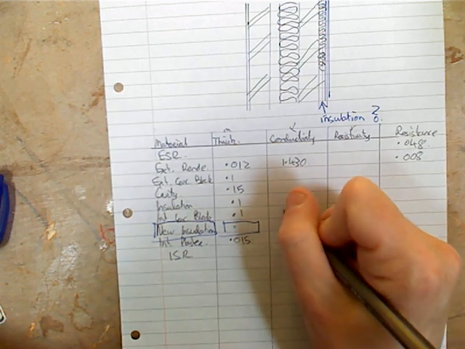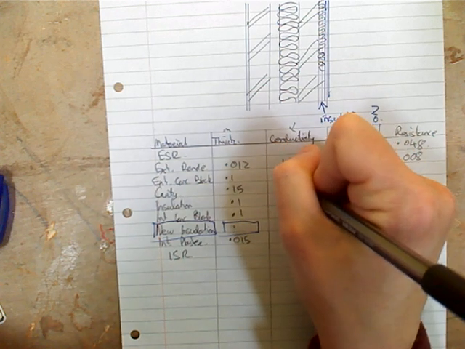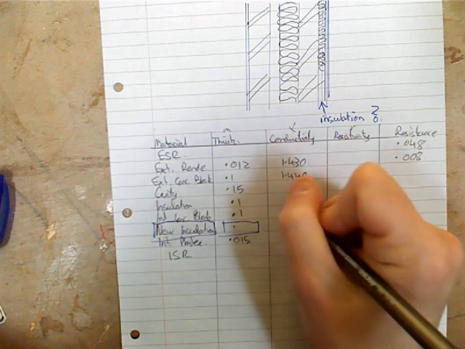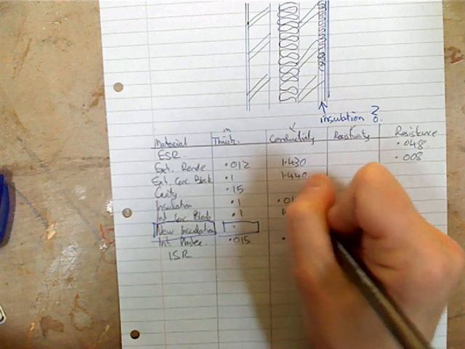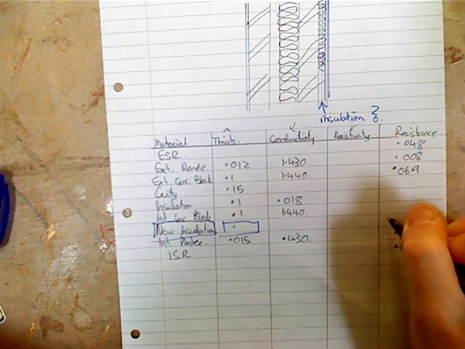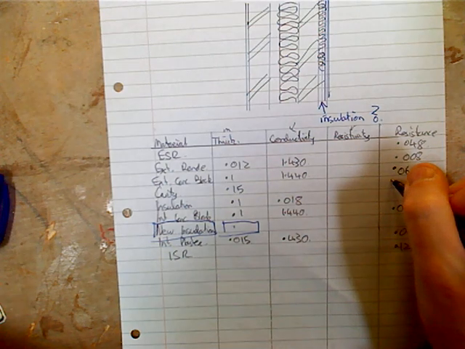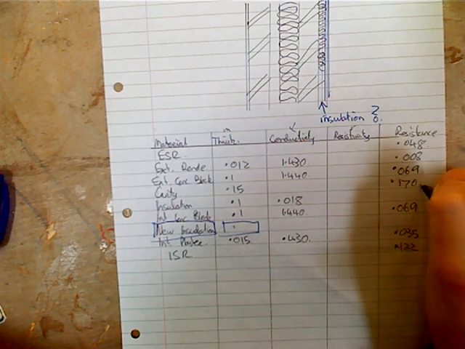Internal concrete block is 1.440, 1.440, and 0.018. This value then is 0.069, 0.069. Cavity is 0.170.